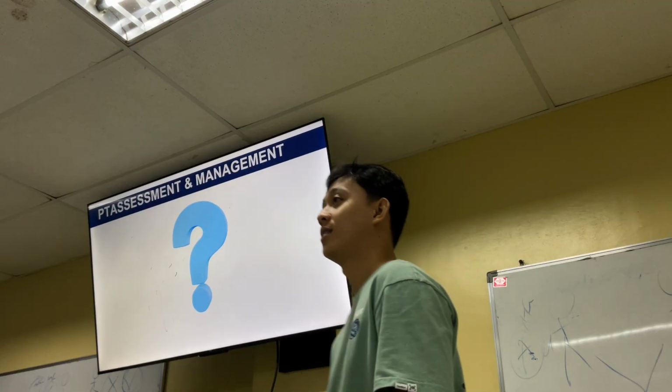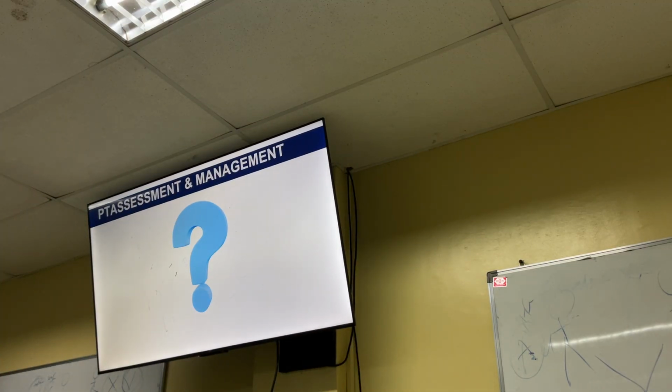And the last one: PT assessment and PT management of dystrophic myopathy. Gait assessment, respiratory problems. What form of gait training? Assistive devices. What if the patient cannot use assistive devices, since some of them are severe?